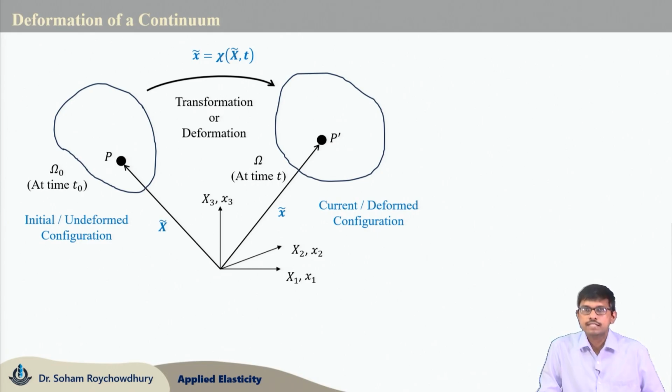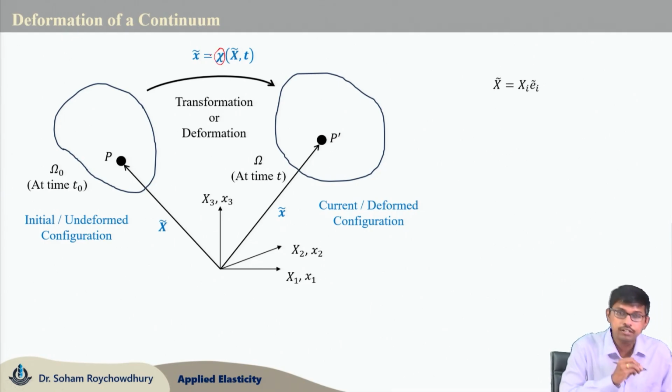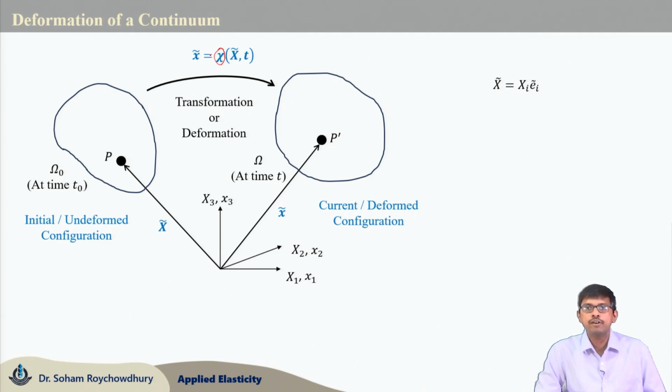Now this deformation from capital X to small x is defined through a transformation mapping chi. So small x is defined as this transformation mapping chi, which is a function of the undeformed coordinate or position vector capital X and time t, as shown in the figure. So this chi is called the deformation mapping, which is a function of capital X, the undeformed material position vector, and time t.